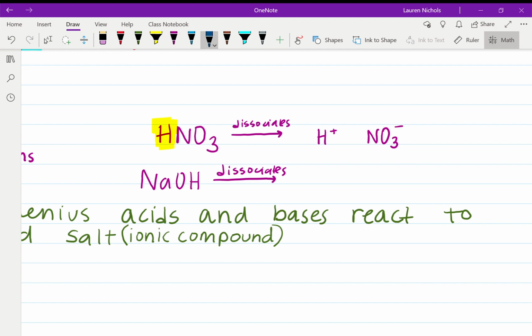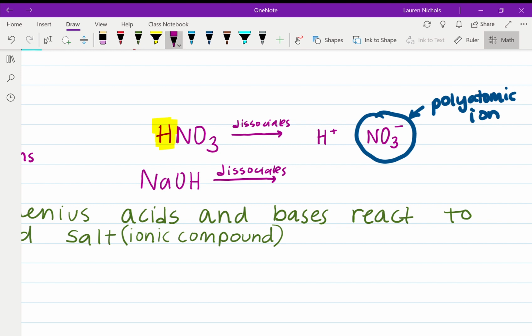Now, just as a reminder from first semester, NO3 minus is a polyatomic ion. So the nitrogen and oxygen are covalently bonded, so they don't actually break apart, but together they have an overall negative charge, which is why this is still ionic. So it kind of stays together.